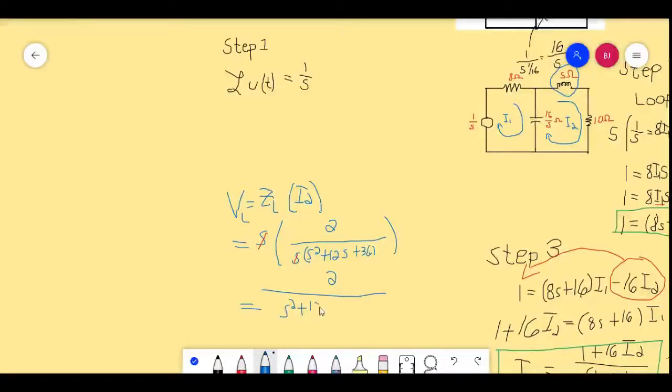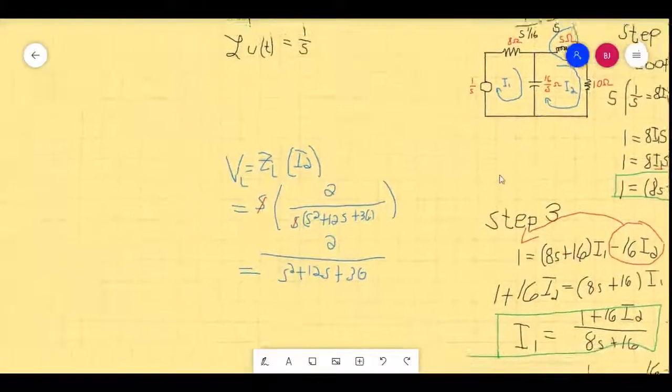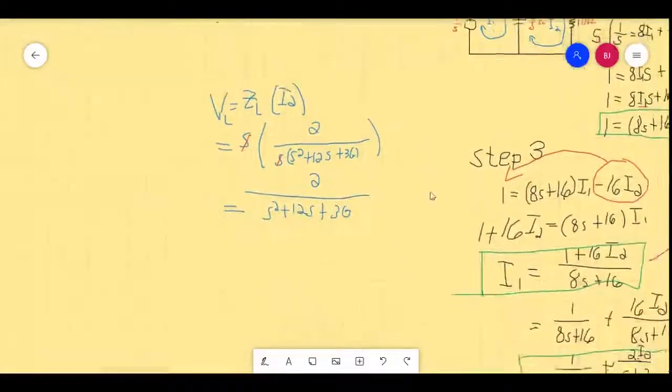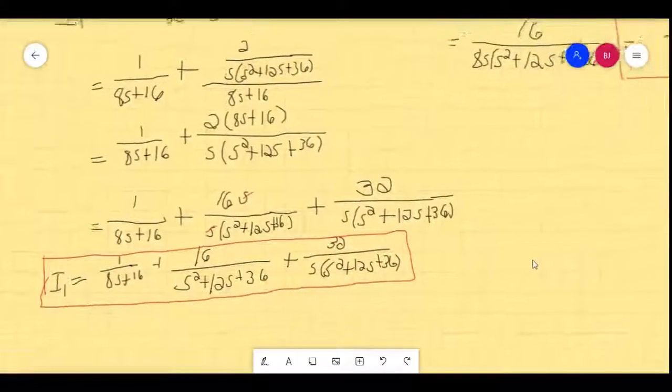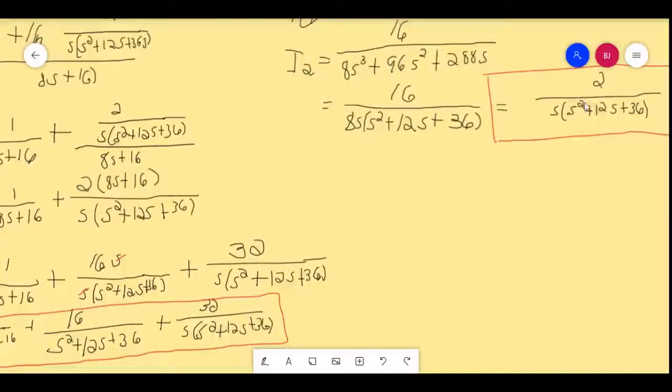So you can do it in every component as long as you are already able to get the current for all of the loops, I1 and I2. The only thing that would be hard here would be the mathematical model for the voltage running in 16 over S, as this would be I1 minus I2. So that would be 16 over S, which is our Z, multiplied by I1 minus I2. And this is our I1 subtracted by this one, our I2.